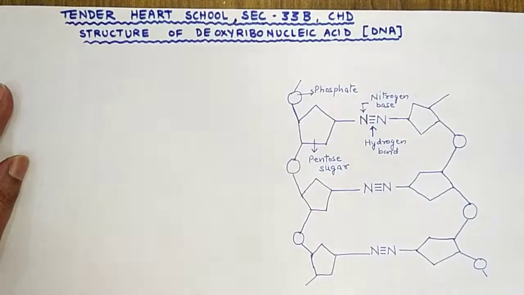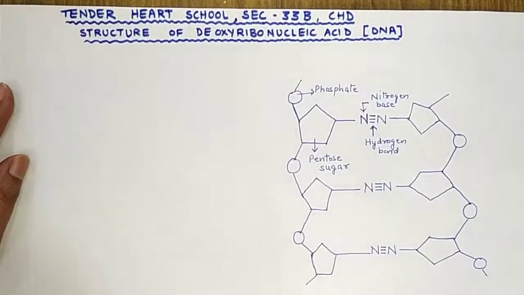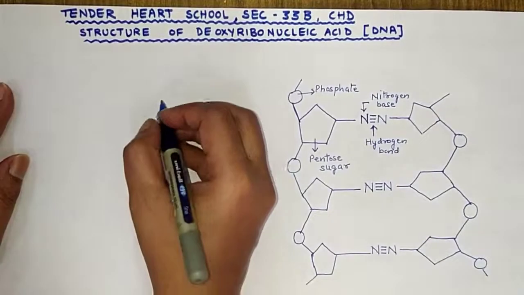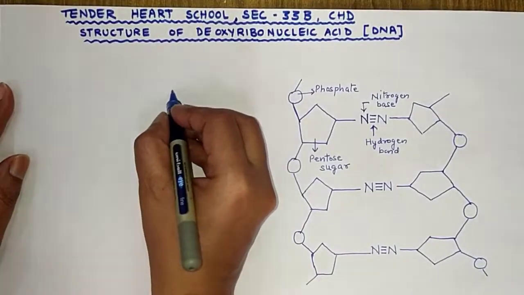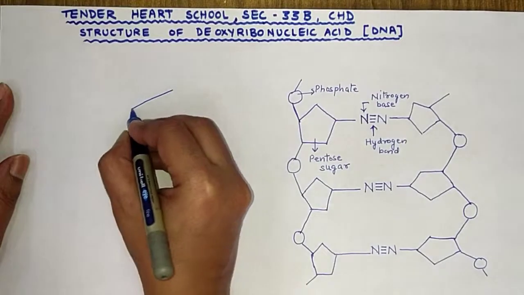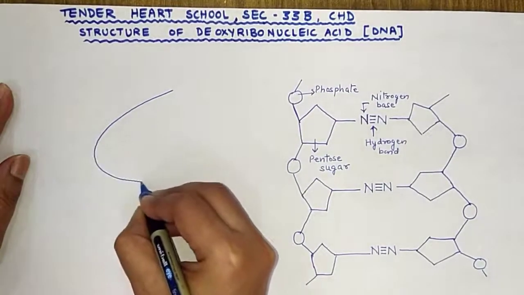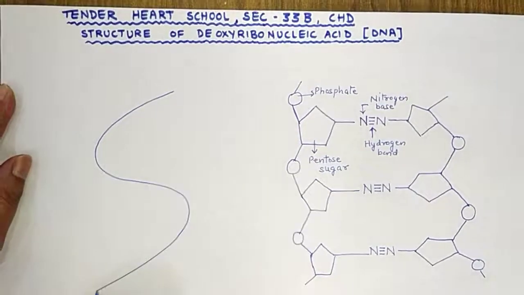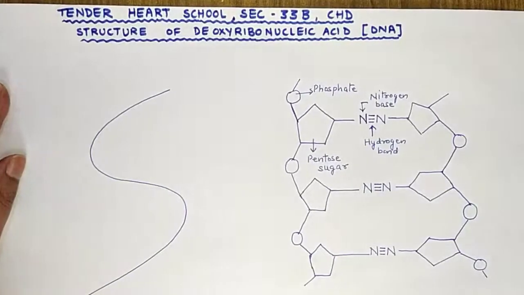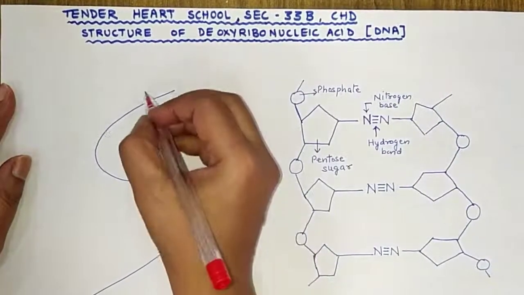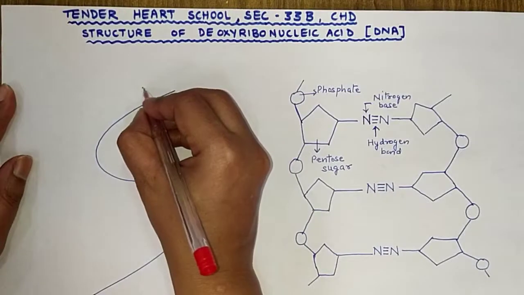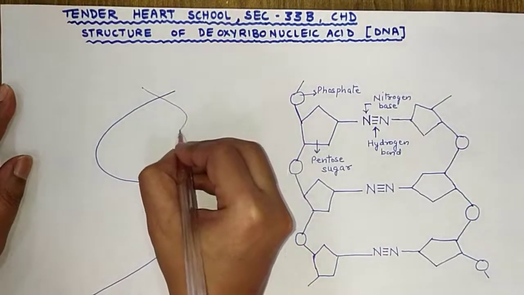Okay. Let us draw the double helix structure of DNA. So if I draw, it is something like one strand of DNA, right? And similarly, another strand of DNA is there which is running parallelly.